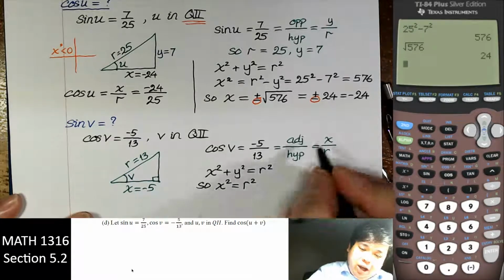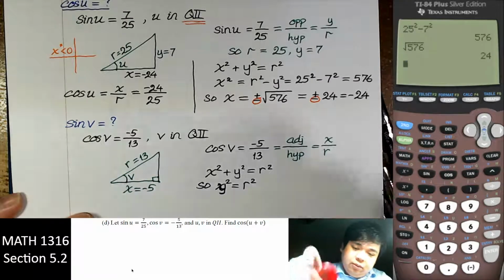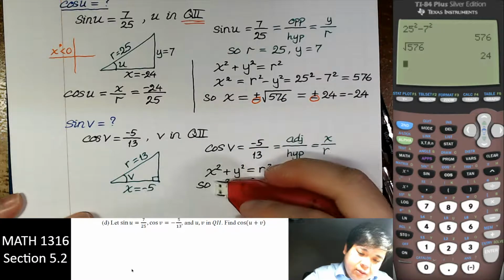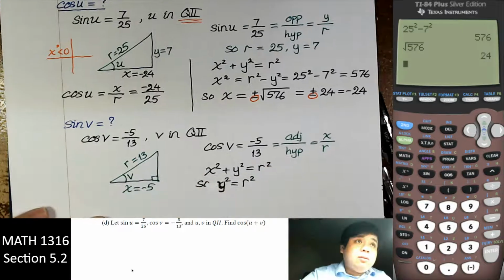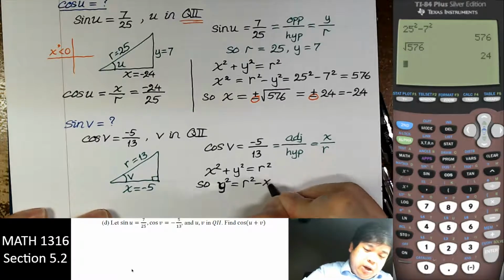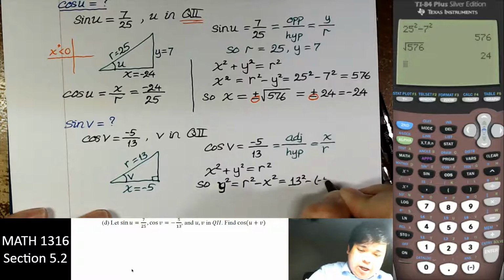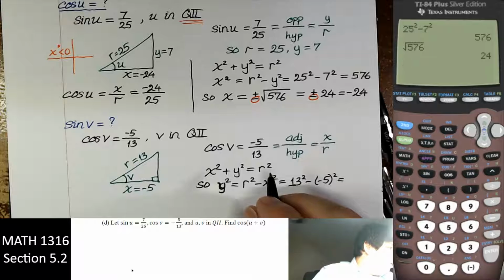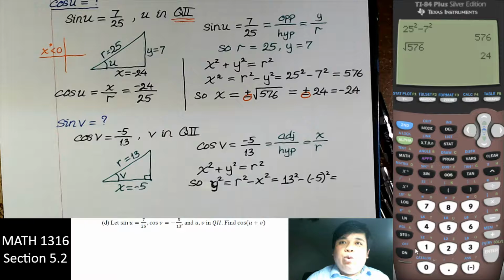If we have x, we solve for y squared. r squared minus x squared, and that should be 144.